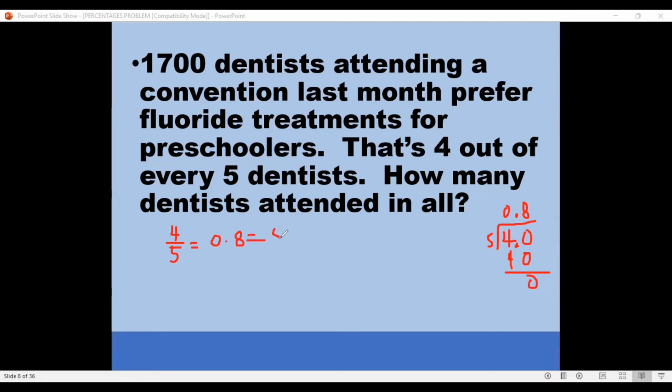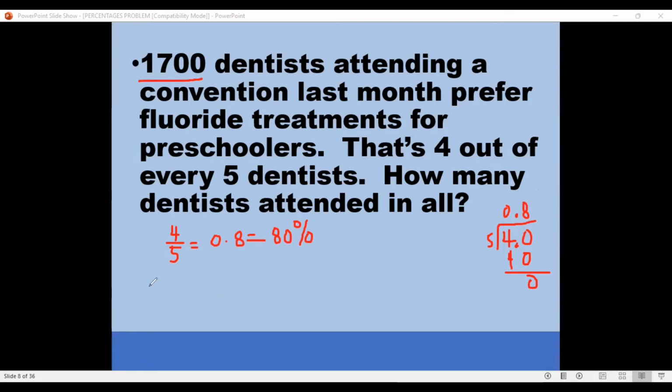That simply means that 80% of the total dentists want the fluoride treatments, and that 80% is represented by the 1,700 dentists. The question here is: how many dentists attended in all?